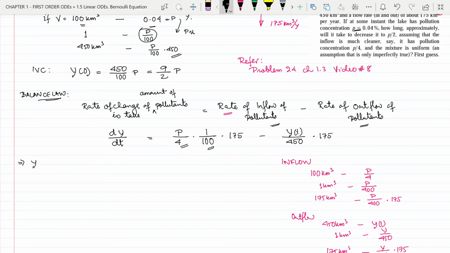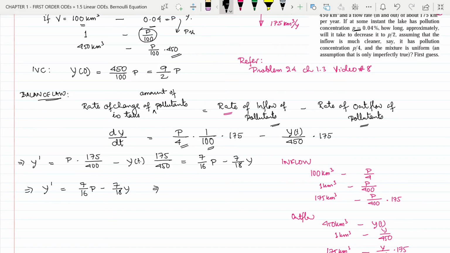So this implies y dash equal to P multiplied by 175 by 400 minus y of t multiplied by 175 by 450, which is equal to 7 by 16p minus 7 by 18y. So the differential equation is y dash equal to 7 by 16p minus 7 by 18y.